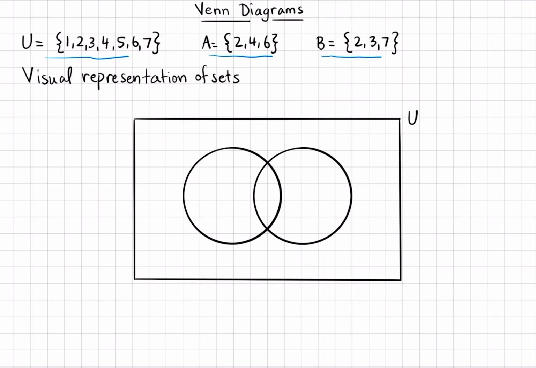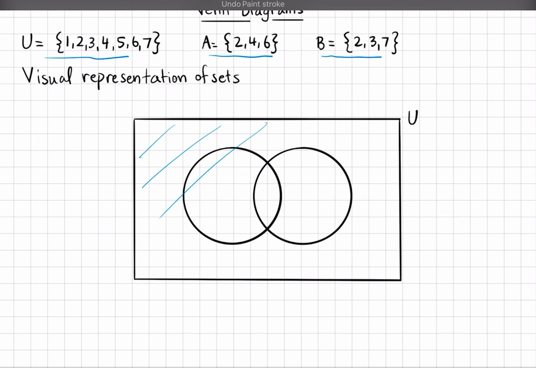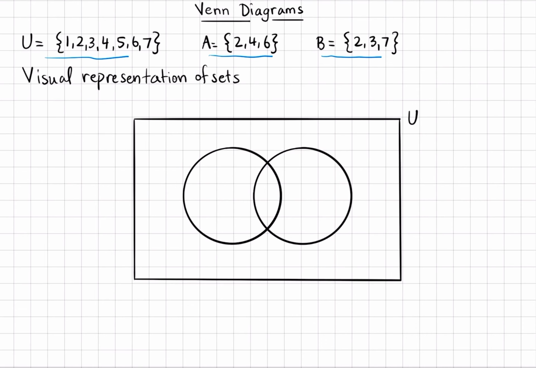So anything inside this rectangle is going to be all the elements of set U. This is how I want you to think about it to start. Now, any other set inside this big universal set, we present it as a circle.